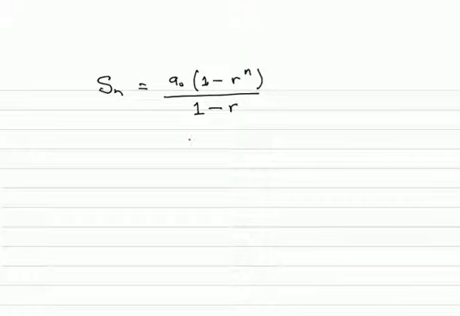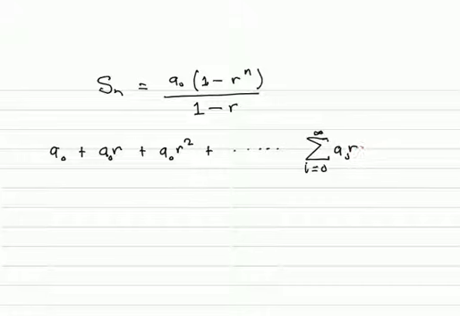We must understand that the sum of the geometric series will be the sum we get when we add a0 plus a0 times r plus a0 times r squared plus, and so on up to infinity, which will be the sum of the series from i equals 0 to n of a0 times r to the power i.